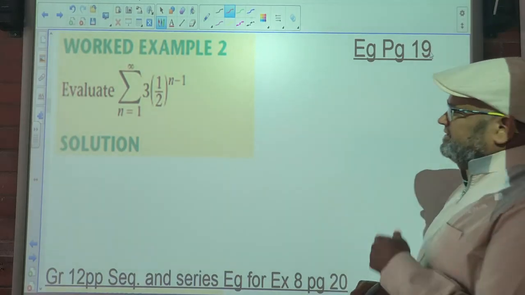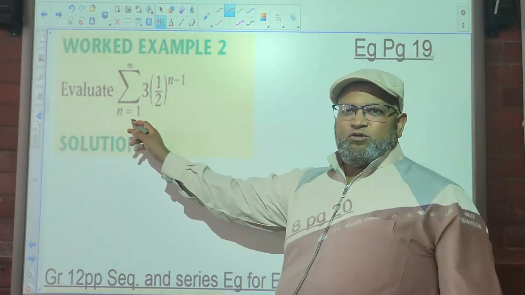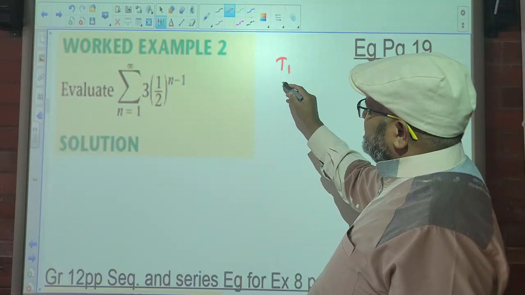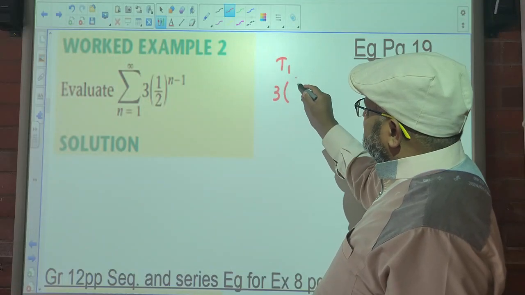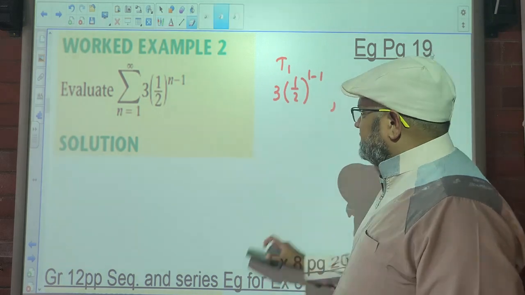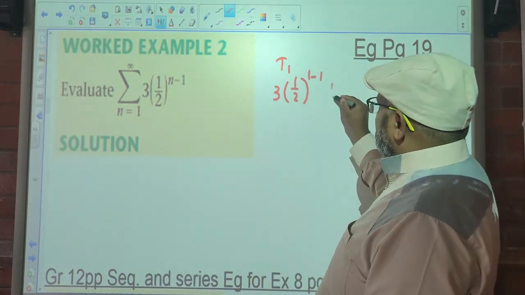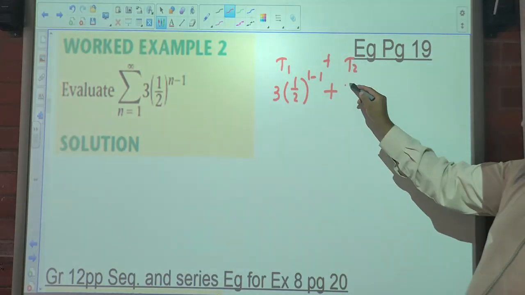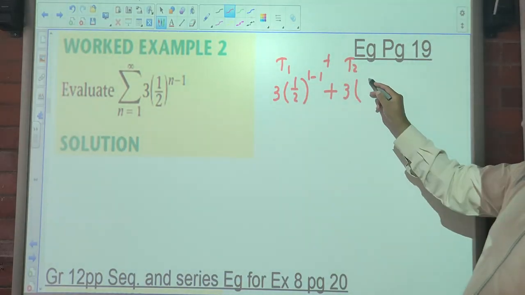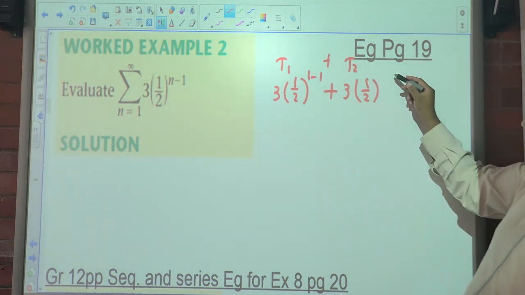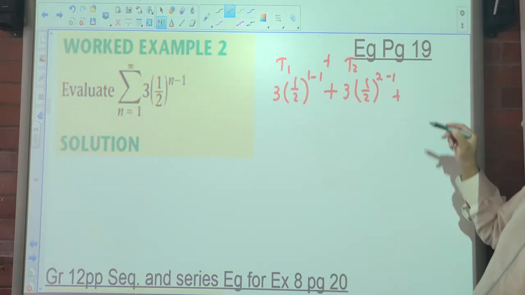Okay, so where do I start? I start where n is 1. So for term 1, it's simply going to be 3 into (1/2) to the power of 1 minus 1. Not so? What would it be for term 2? 3 into (1/2) to the power of, what is n now? 2. And 2 minus 1. Not so?